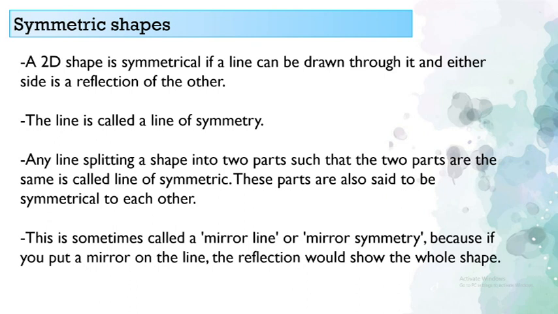Any line splitting a shape into two parts such that the two parts are the same is called a line of symmetry. These parts are also said to be symmetrical to each other. This is sometimes called mirror line or mirror symmetry because if you put a mirror on the line, the reflection would show the whole shape.